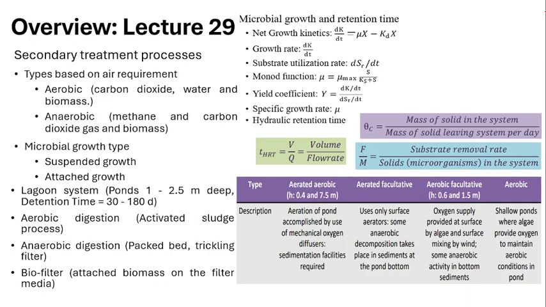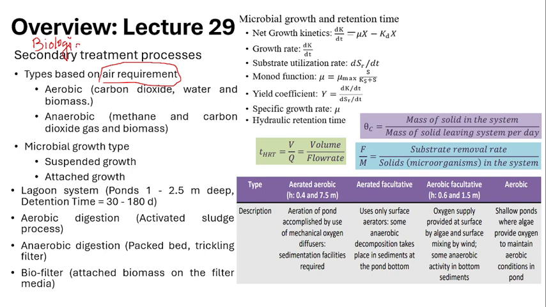In the secondary treatment process, there are different methods involved. The first thing is it can be of different types based upon the air required. This secondary treatment is also called the biological treatment, right? So it is going to use microorganisms for treatment.